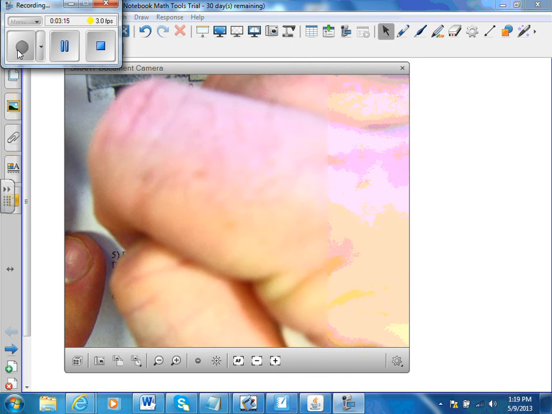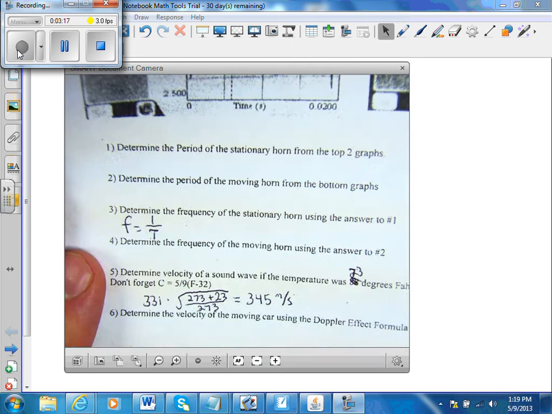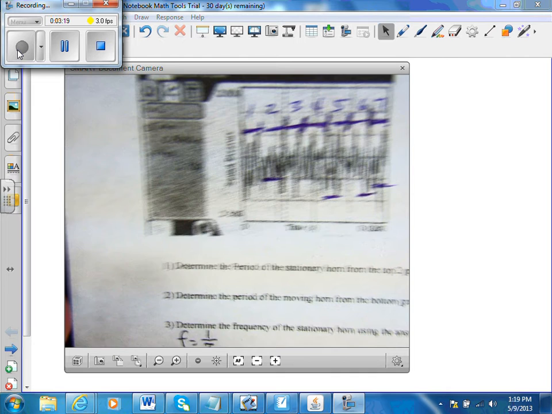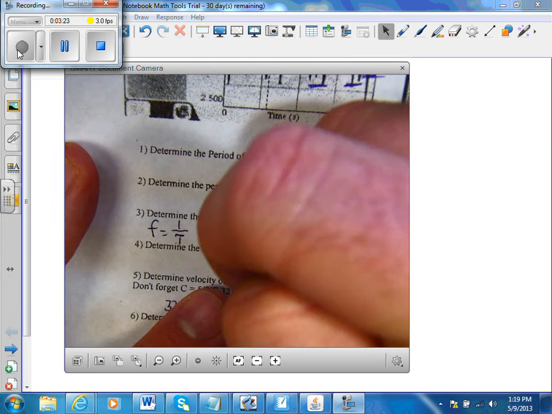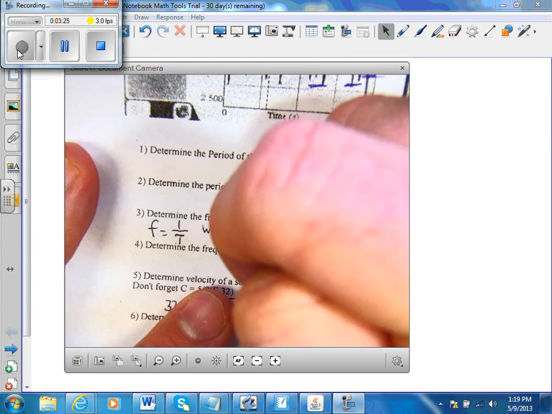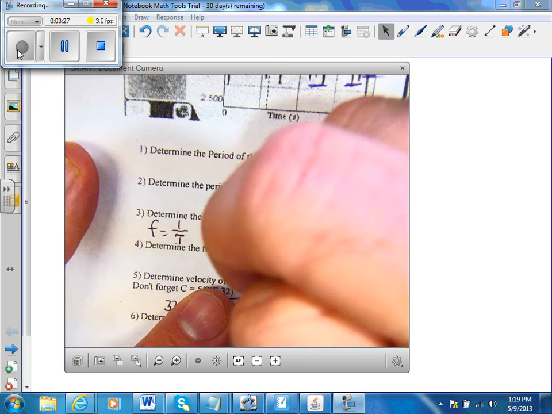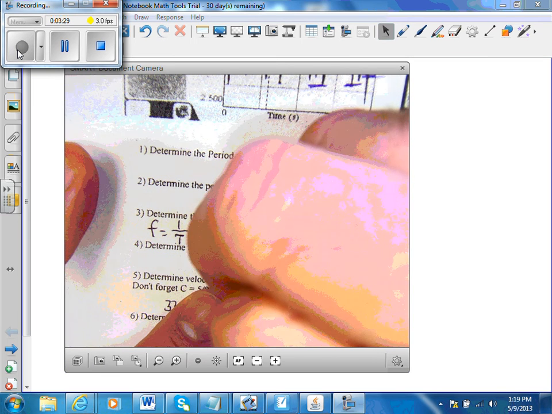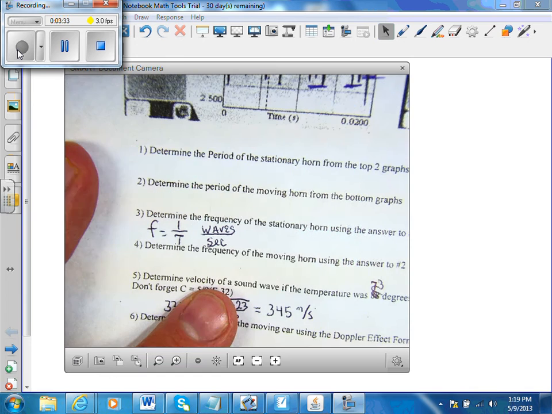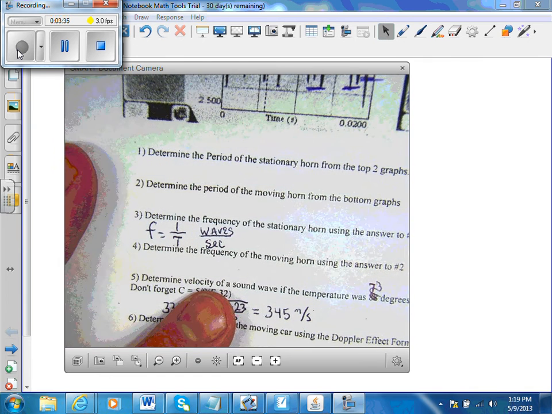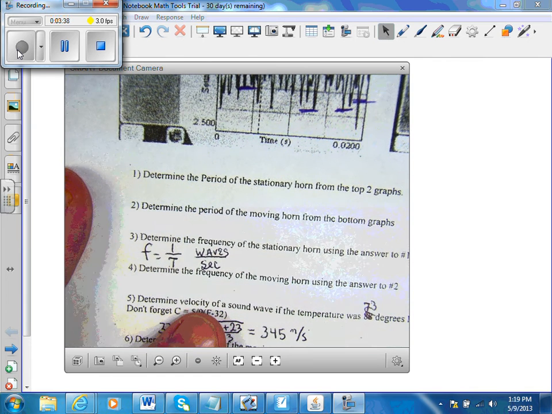Instead of the amount of time per wave, frequency is the number of waves per second. So do the same thing that you just did, counting the waves and counting the time, but this time figure out how many hertz, or waves per second, you have, and get that for number 3.